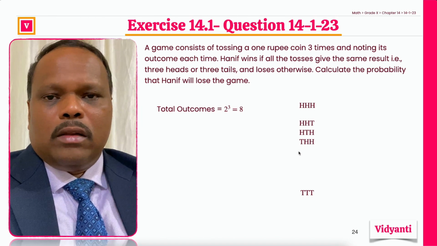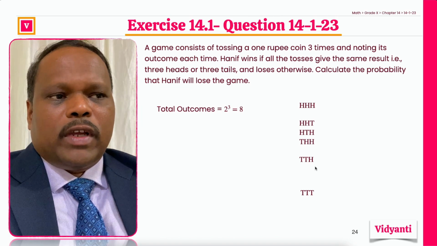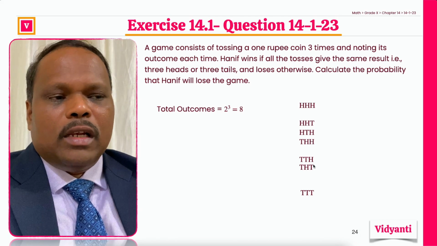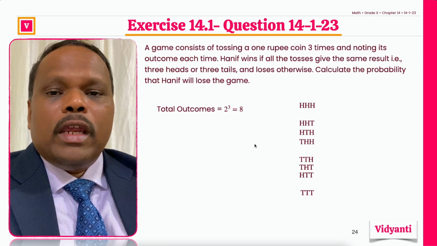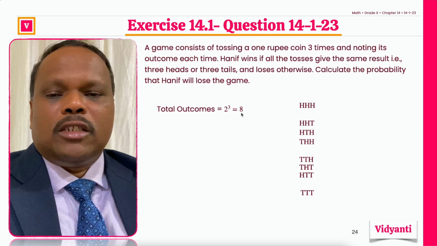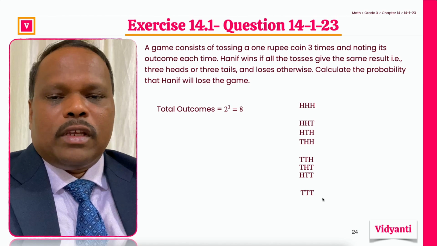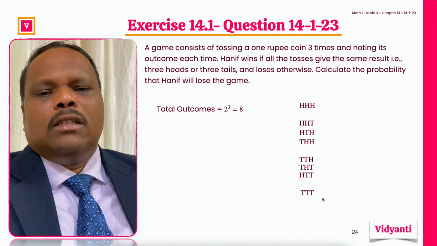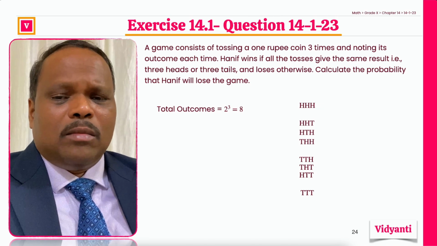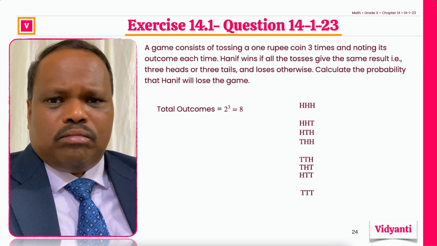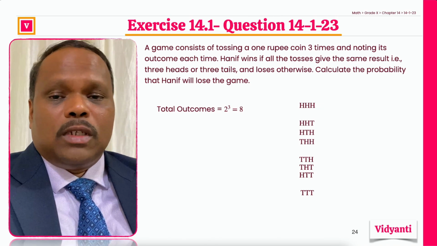Similarly, if I get one head, that can be last, middle, and first. So altogether 1, 3, 3, 1. So altogether I have 8 possibilities. Now I have covered everything, because people normally write randomly and then they get only 6 or 7 at the most, and then they scratch their head wondering which one they have missed.